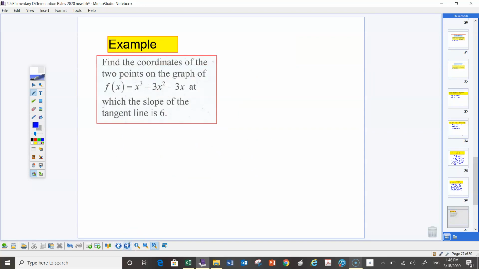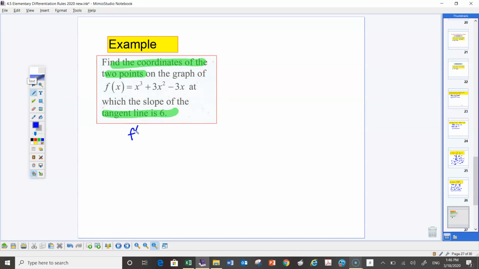Okay, this next question is slightly different than ones we've seen so far. We are asked now to find 2 points, so 2 coordinates on this graph where the slope of the tangent line is 6. Well, as soon as you see the phrase slope of the tangent line, you have to be thinking derivative.